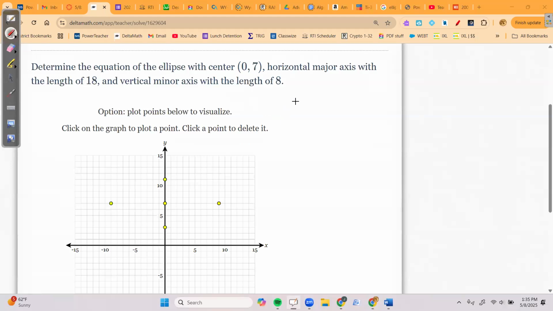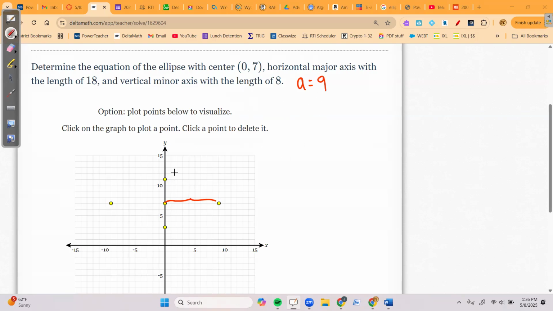So let's write this down first. A is this distance right here. It's the length from the center to one of the main vertices. And since the whole axis is a distance of 18, that's a distance of 9. So a is 9.